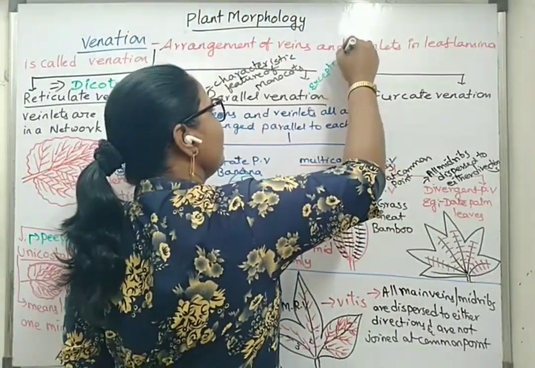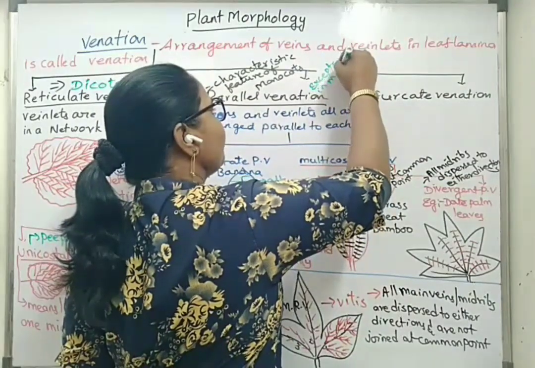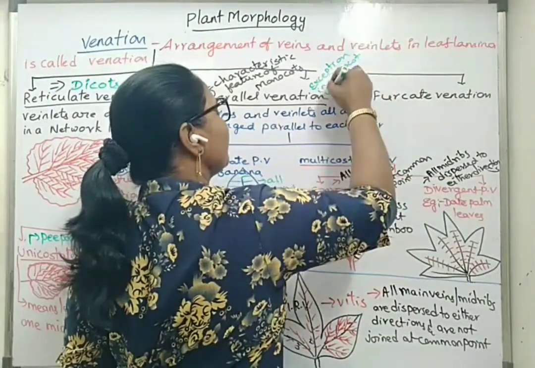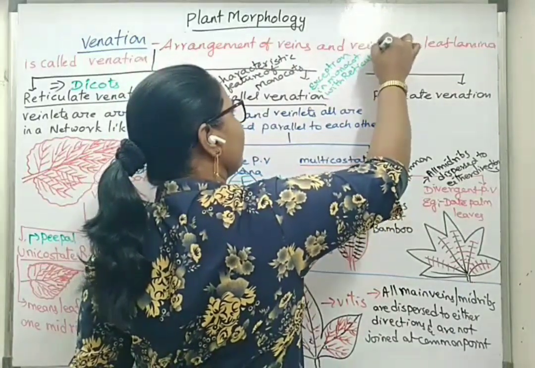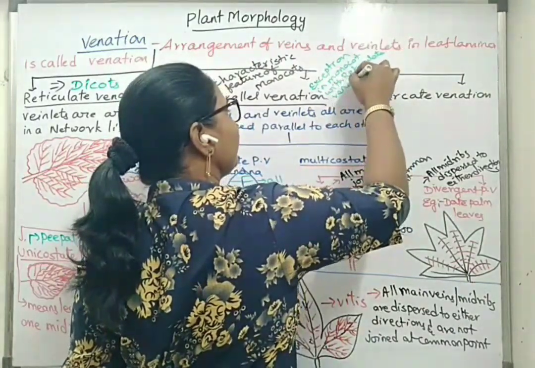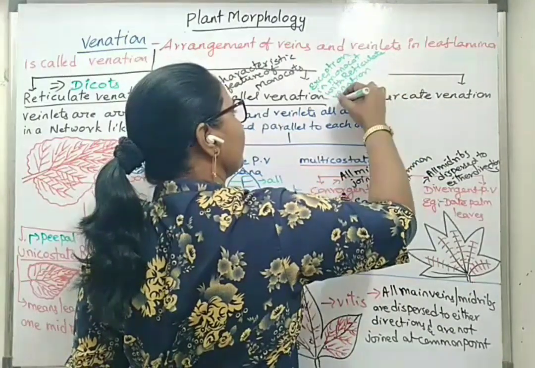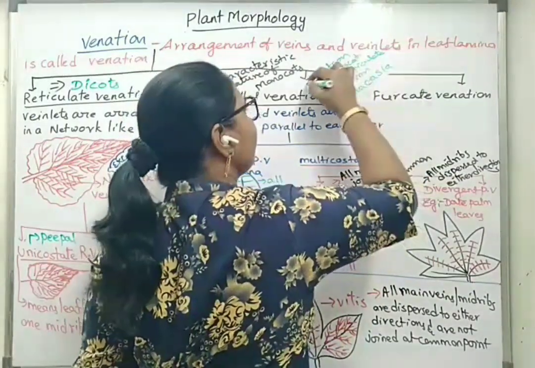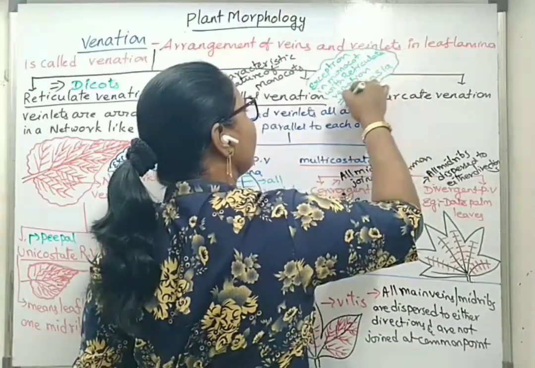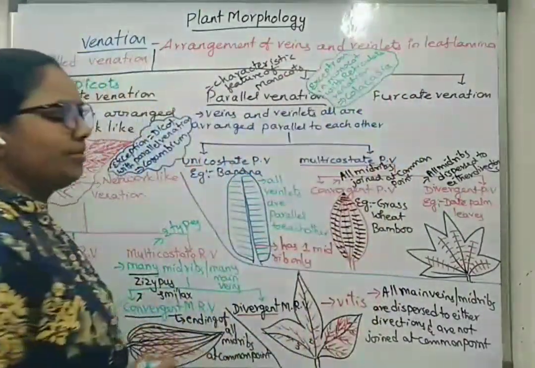Exception in monocot with reticulate venation, that is Colocasia.